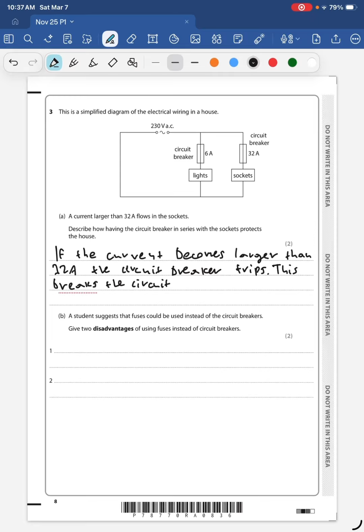Okay, and stops the current, preventing overheating.